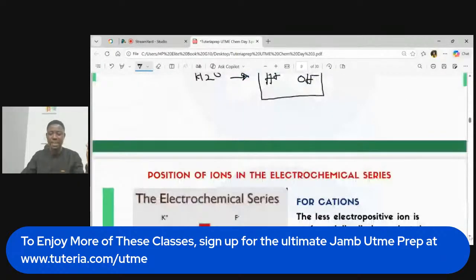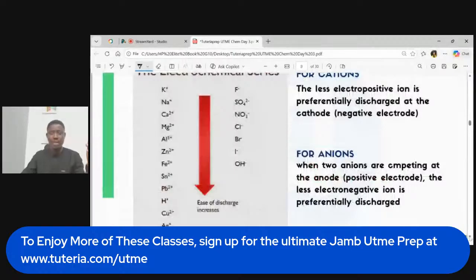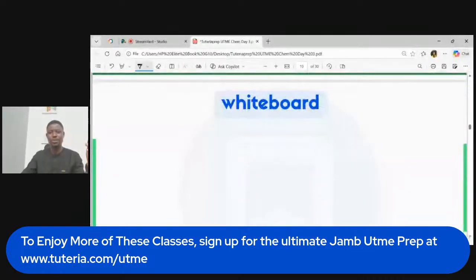But immediately you connect the battery, that shows that electrolysis has started. Immediately you connect the battery, the electrolysis has started. They want to move to their respective poles. Let's say this is the container where the electrolysis is taking place.